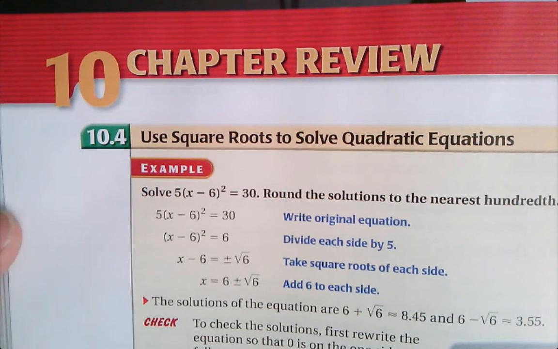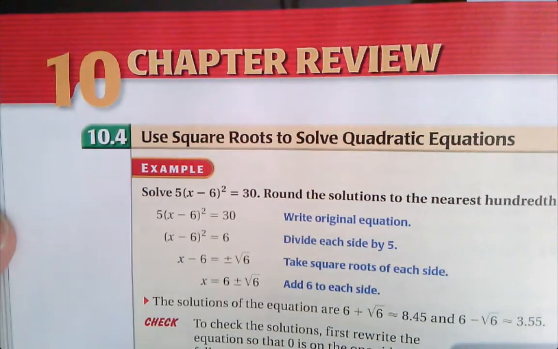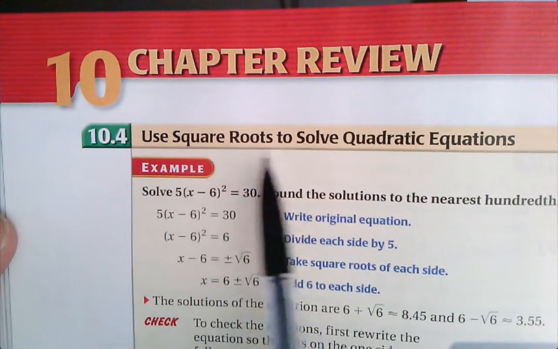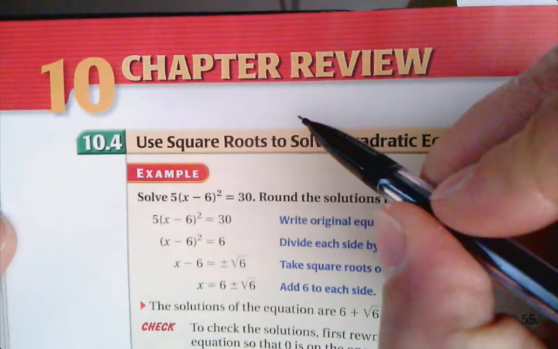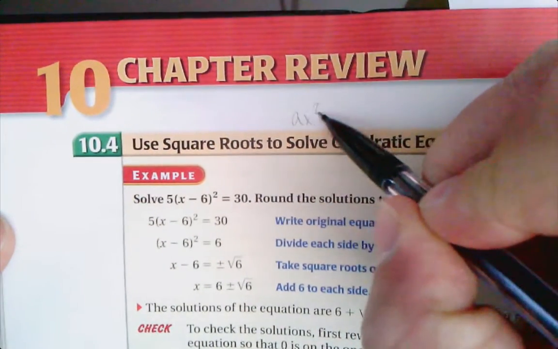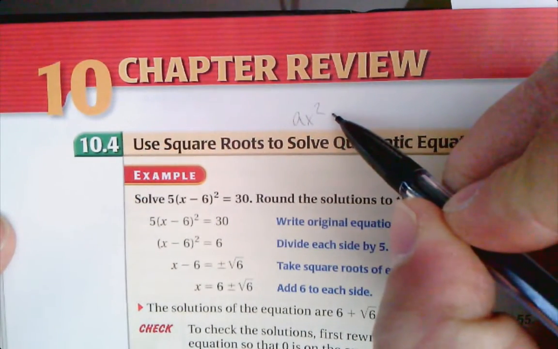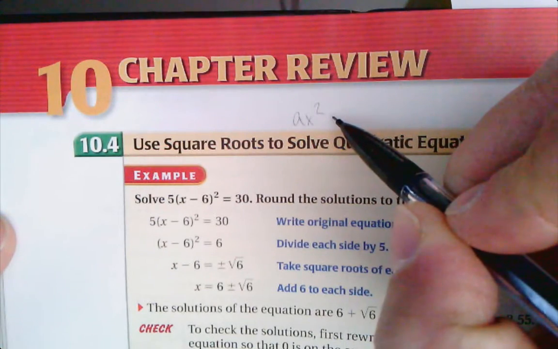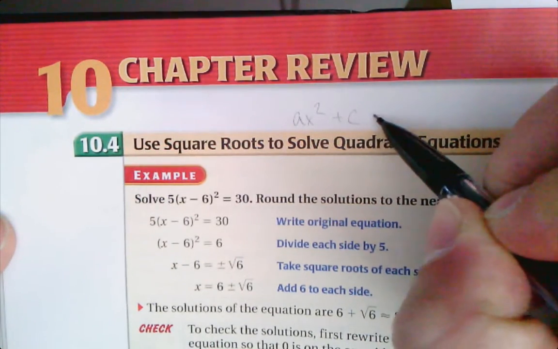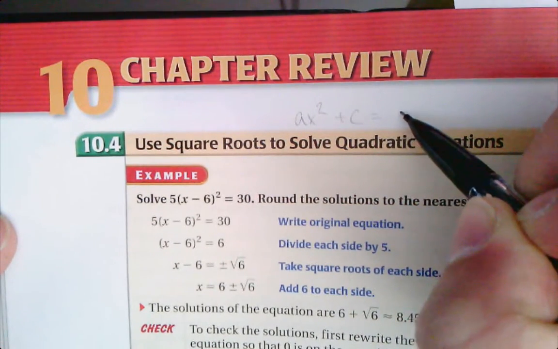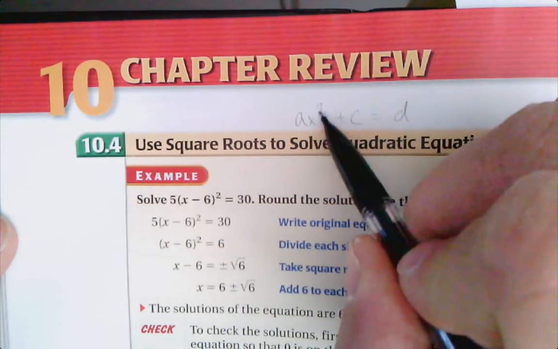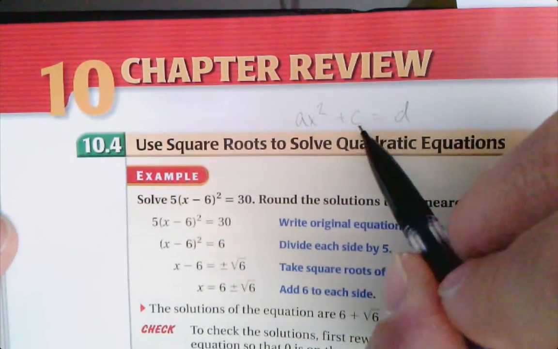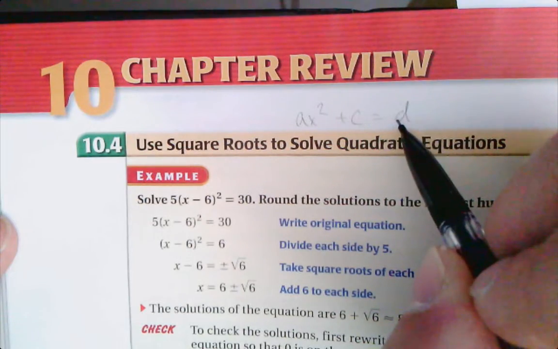and put them in the form. So the first method we learned was the easiest method, which is the square roots method. This only works when your quadratic has just ax squared, plus maybe a constant, equals some other number, d or something. So basically, you have to just have an x squared in your equation and then a bunch of other stuff, and then this will work.